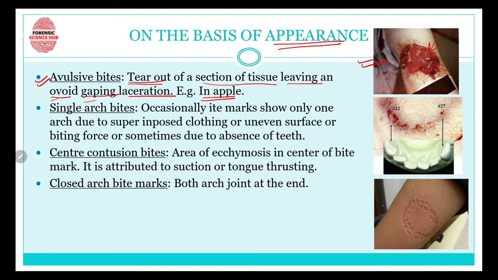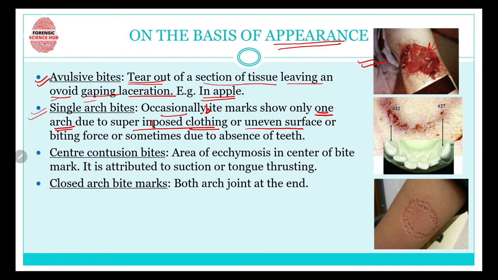Then comes single arch bite. Occasionally, bite marks show only one arch. Now there can be a number of reasons for that. For example, superimposed clothing can be there, due to which the other half of the jaw is not in direct contact with the skin, hence only one arch is formed.